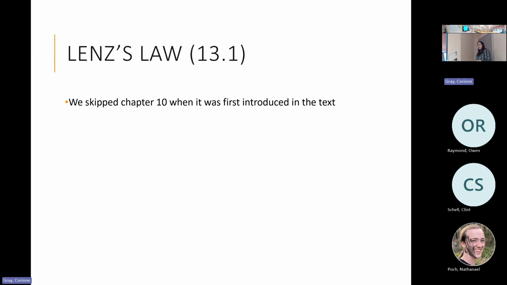So in this textbook, it is first introduced in chapter 10, where it first gets mentioned. And if we look at what Lenz's law tells us, Lenz's law says that a changing magnetic field will create a current.